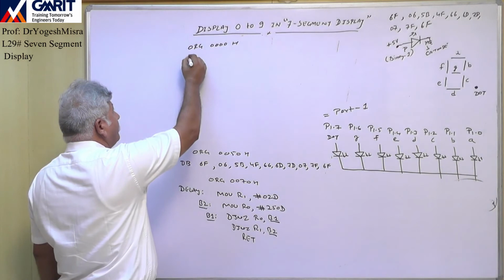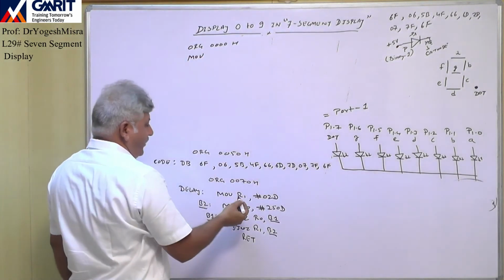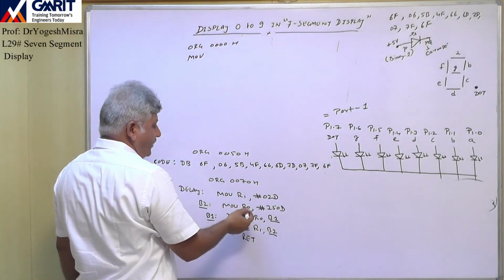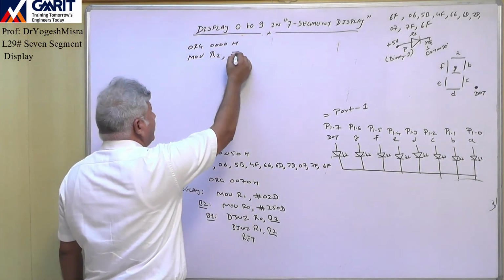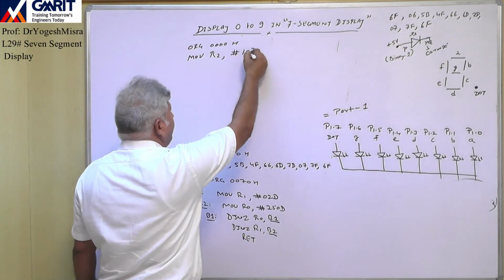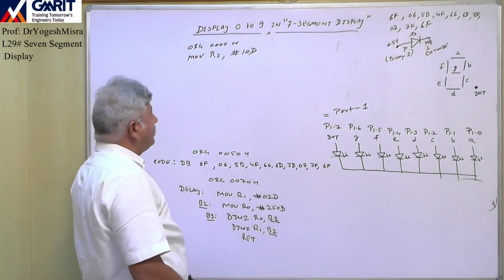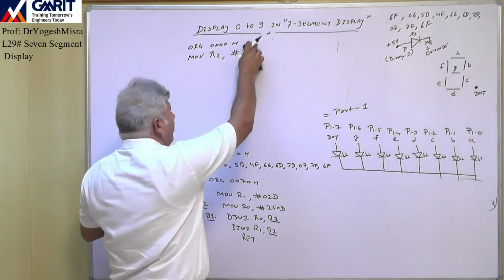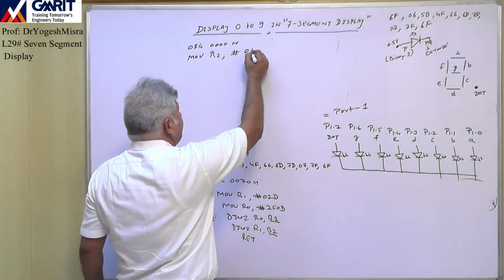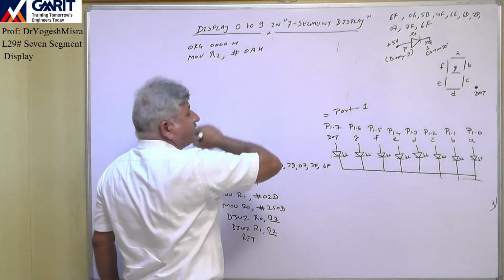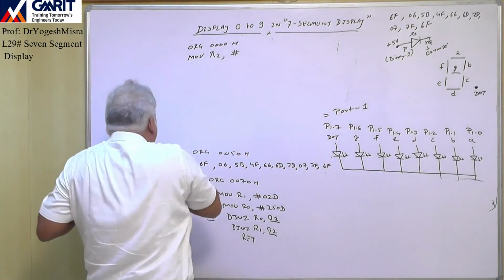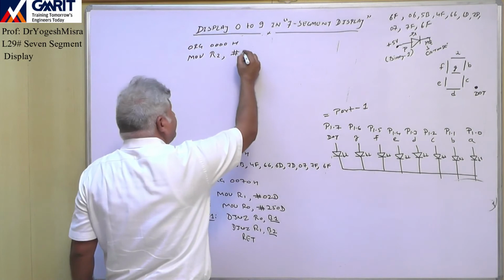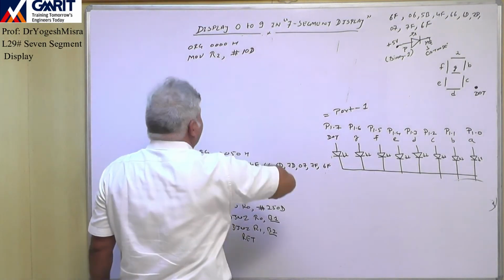Already in the delay subroutine we have used R0 and R1, so here I will use a new register R2, and in this I will load 10D, because there are 10 numbers. You can write 10D or 0A hexadecimal, whatever we want.